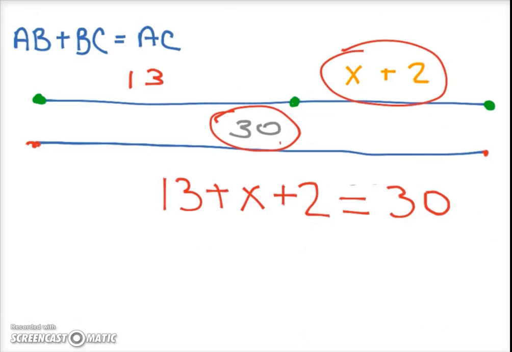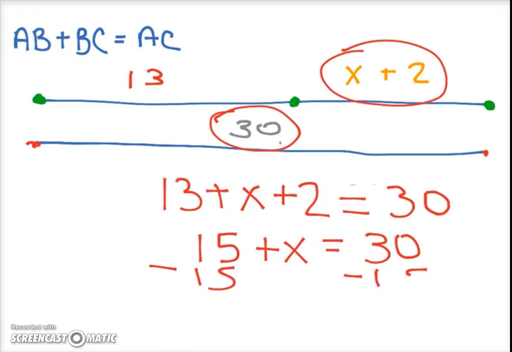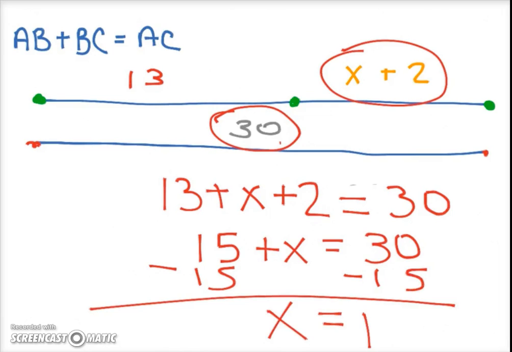So 13 and 2 is 15, plus x equals 30. Again, just a normal equation: minus 15 on both sides. x equals 15. So we know that x equals 15. Let me write that up here. x equals 15.